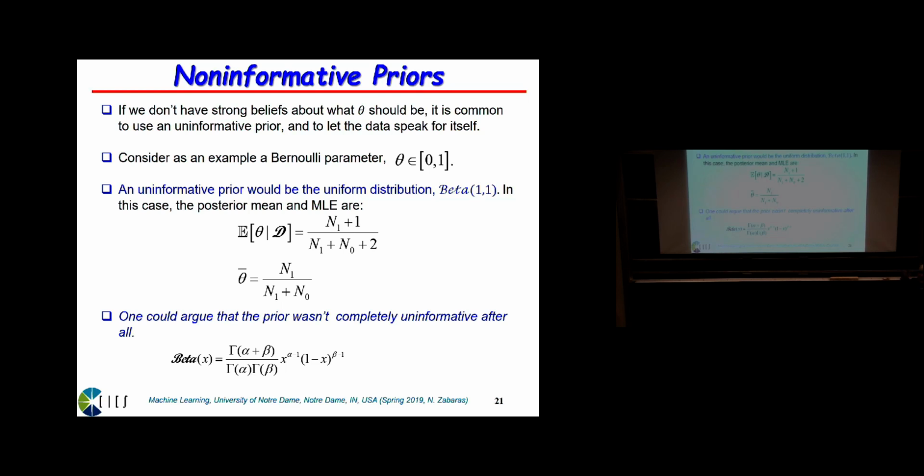You remember Beta is theta to the alpha minus 1, 1 minus theta to the beta minus 1. So when you have 1, 1, that's non-informative. But you remember when you take the posterior mean, it comes out that it's not really non-informative, because in the posterior mean, you add 1 and 2 in the numerator and the denominator.